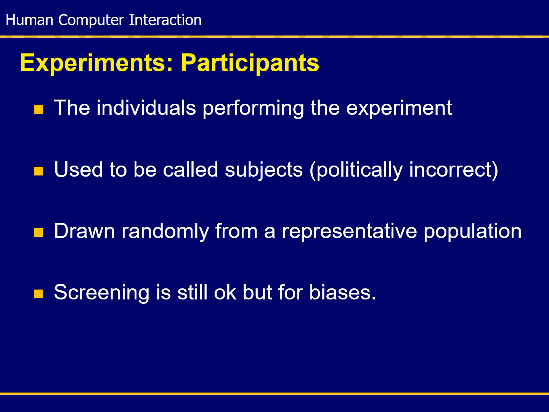Okay? If we have different races in the country we are doing the experiment in, we will get participants from every race that exists in the country. If we have several languages in the country, we will get participants from the different languages or ethnic groups that exist in the country.